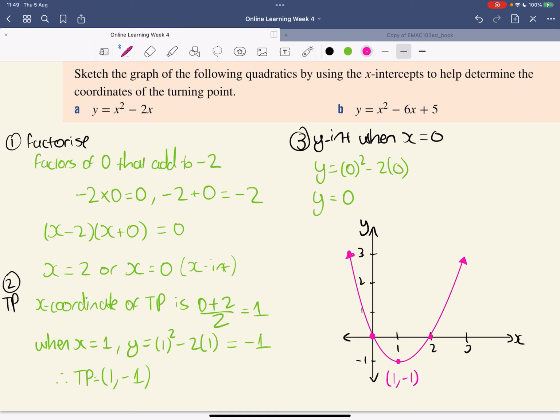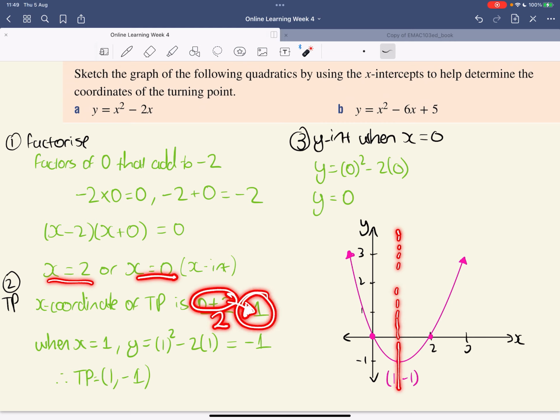That's how we graph. So remember, step 1, factorize to find your x-intercepts. And then step 2, use those intercepts, add them together, divide by 2 to find out the x coordinate of the turning point, also known as the axis of symmetry. Put that number you found back into the equation to find out what the y coordinate is for the turning point.